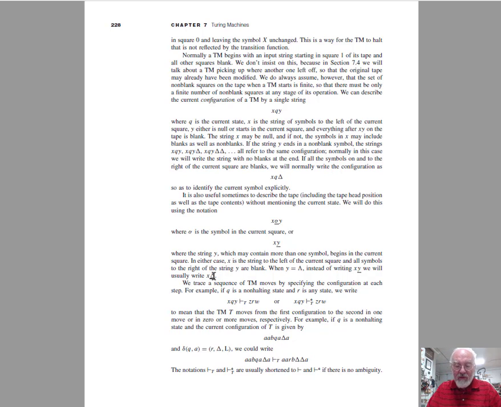So when we get done reading a string with a finite automaton, we end up with the same string that we started with. We may end up in a Turing machine with none of the same string involved.